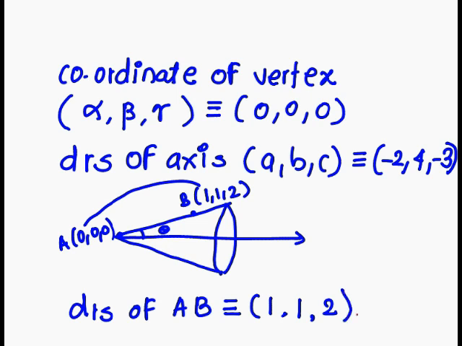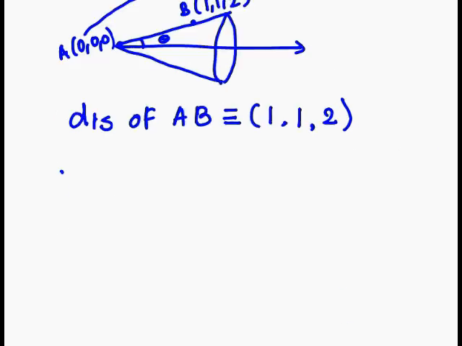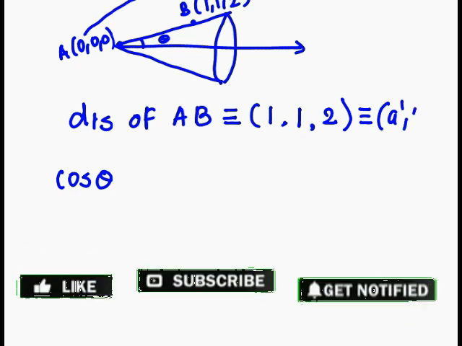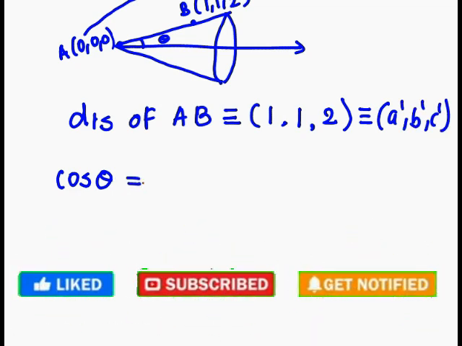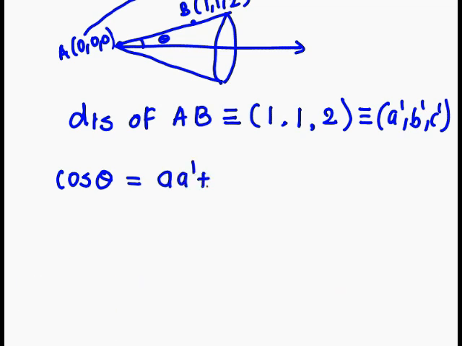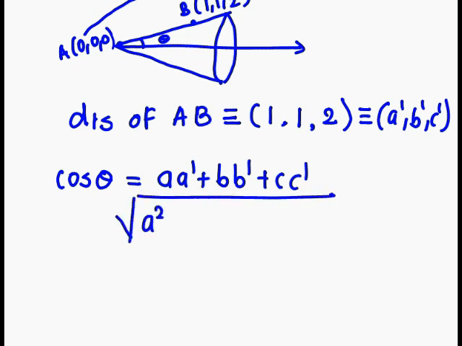Now to find the value of cos theta, we write, suppose these DRs are nothing but A dash, B dash, C dash. So cos theta is equal to A A dash plus B B dash plus C C dash divided by square root of A square plus B square plus C square, square root of A dash square plus B dash square plus C dash square.